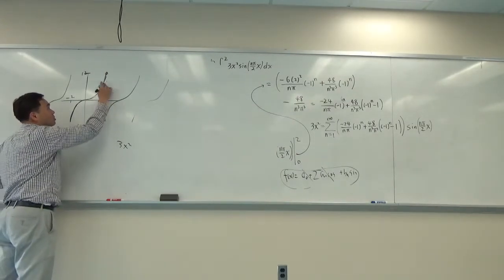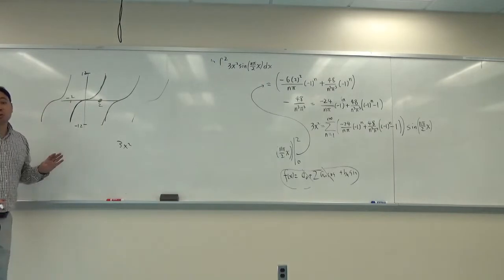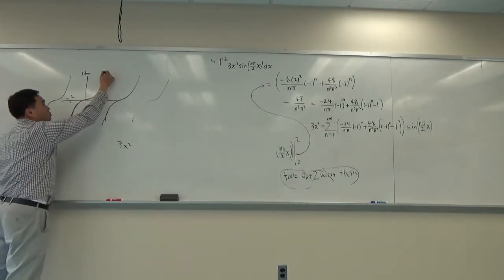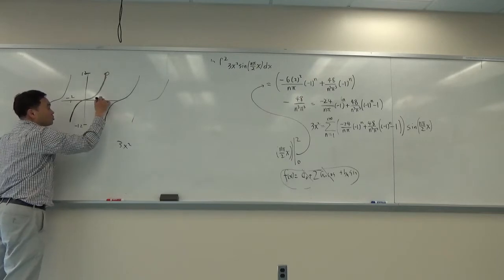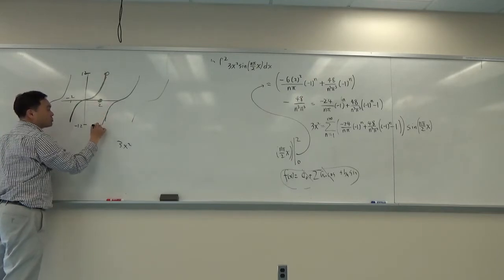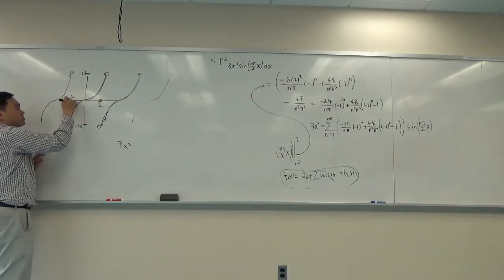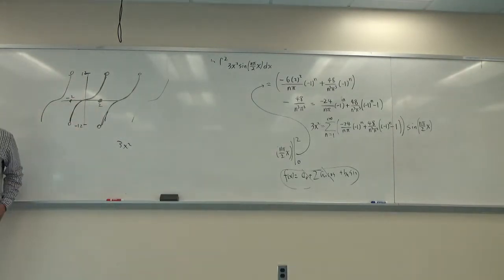So if you actually draw the graph of the right side, you're going to get this with the open circle here, 0 at 2, and then open circle here, and open circle, open circle, and you get 0. And that's what's going to be repeating.